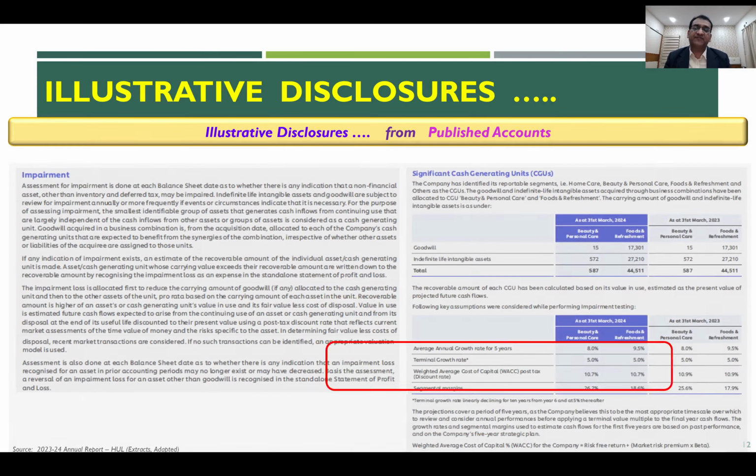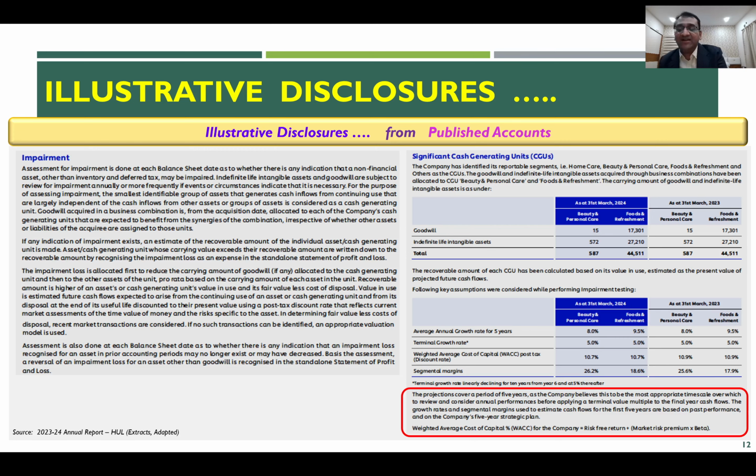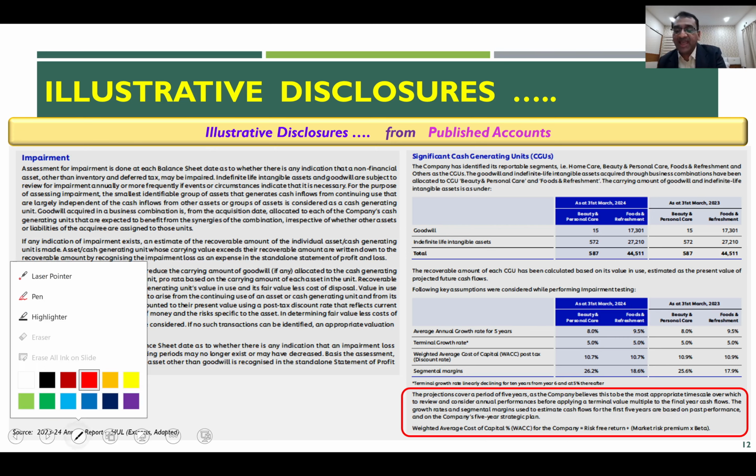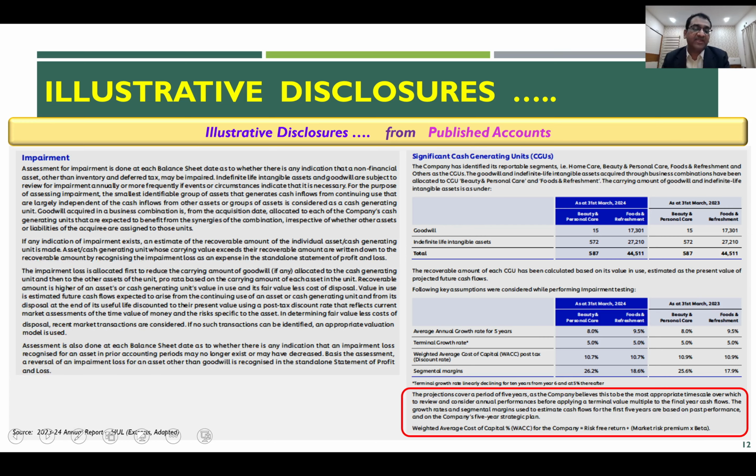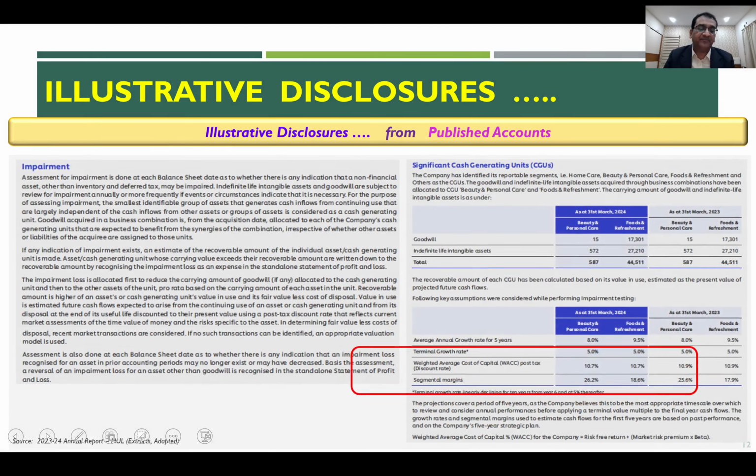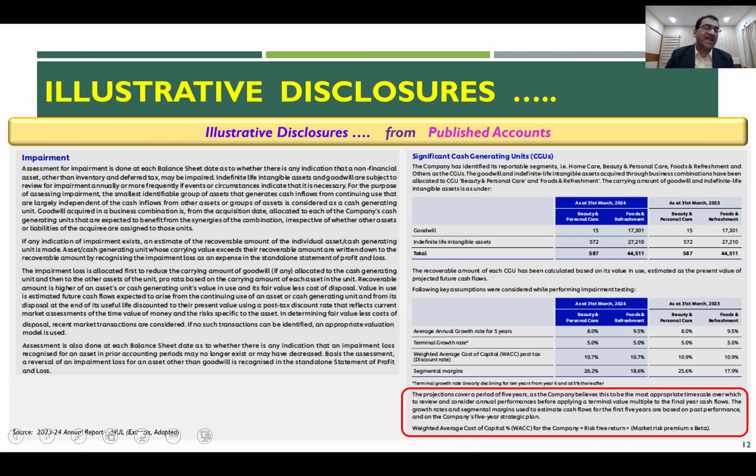Same way, let's say for impairment. And as I said, I will demonstrate why and how these material accounting policy information are specific to the entity. You see at the bottom, what is highlighted in the red box.